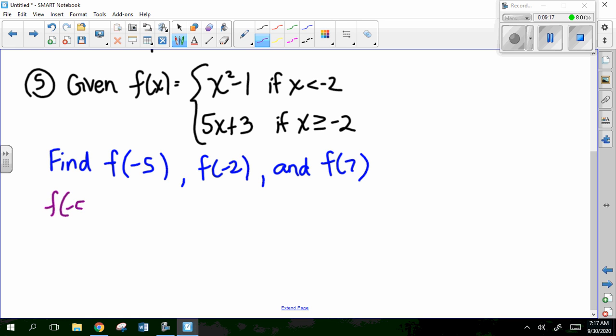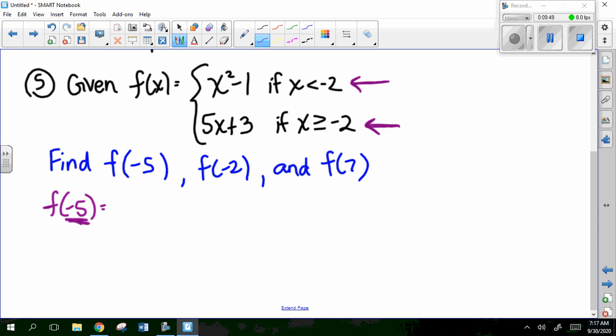F of -5. When you have a piecewise function, the whole idea is that you have to look at the domain and see where your number, in this case -5, fits into that domain. So I want to know, is -5 less than -2, or is it greater than or equal to -2? Hopefully on a number line you know that -5 is to the left of -2, so it is less than.